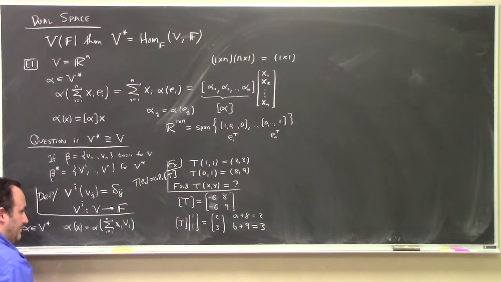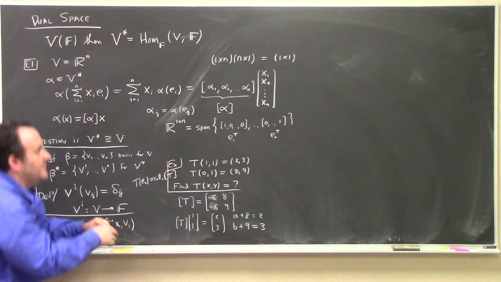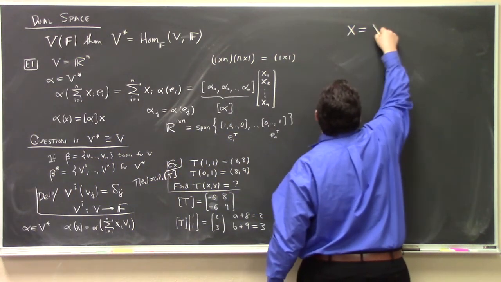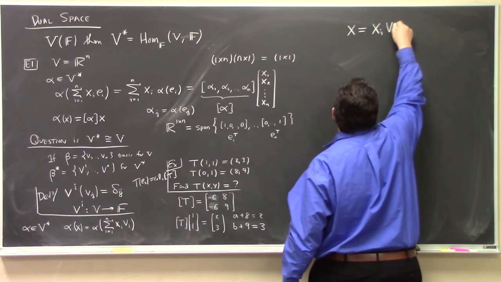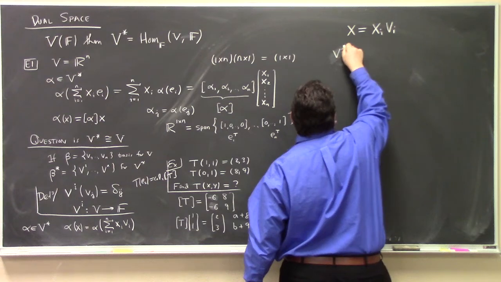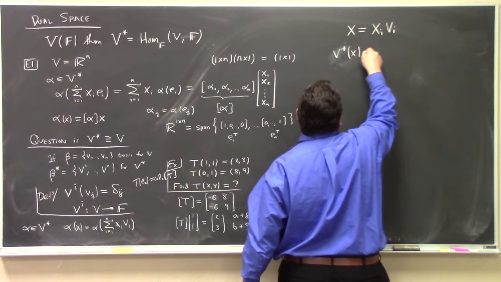Oh man, I've worked myself into a corner. So suppose x is the sum of x sub i V sub i, and we let V upper j act on x. What do we get?